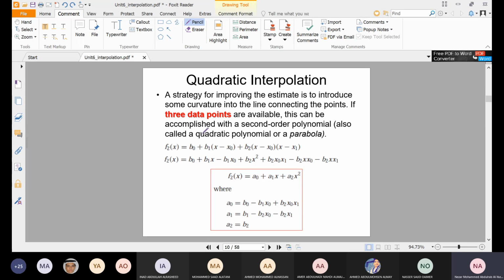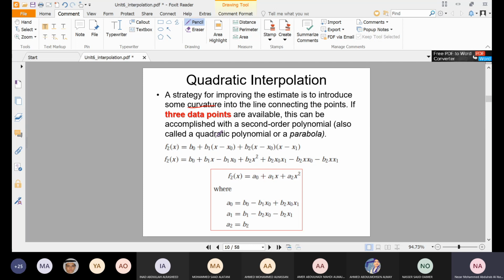But to improve this estimation, we need to introduce some curvature into the line. So for example, instead of only 2 data points, we can take 3 data points.